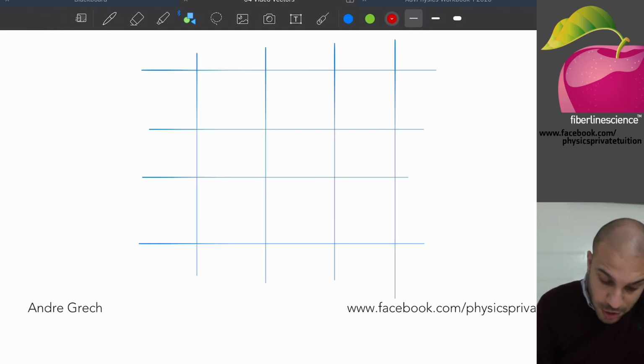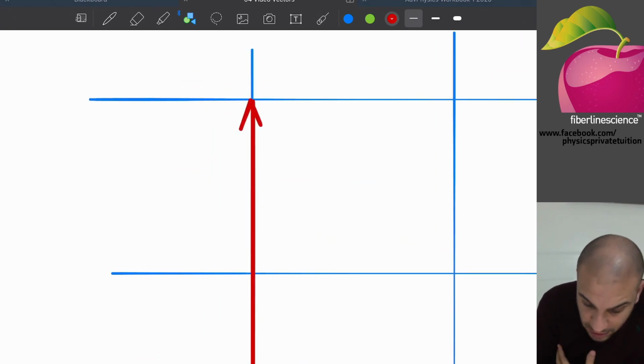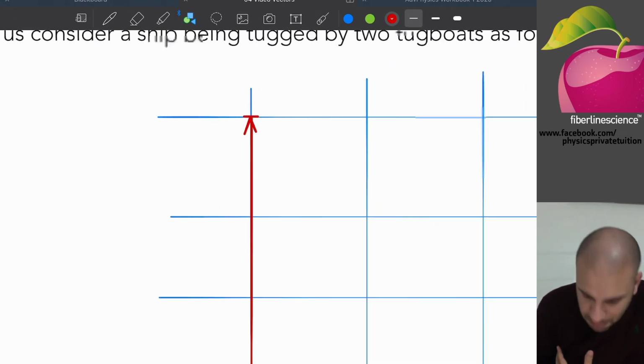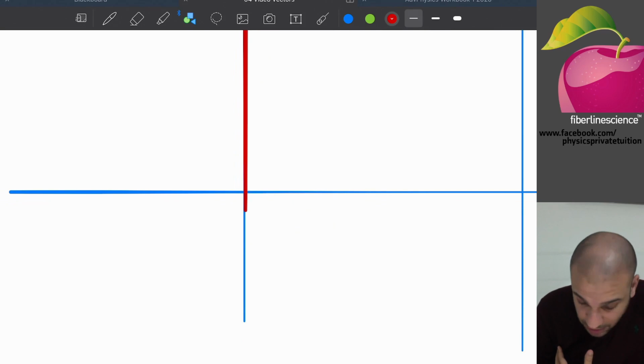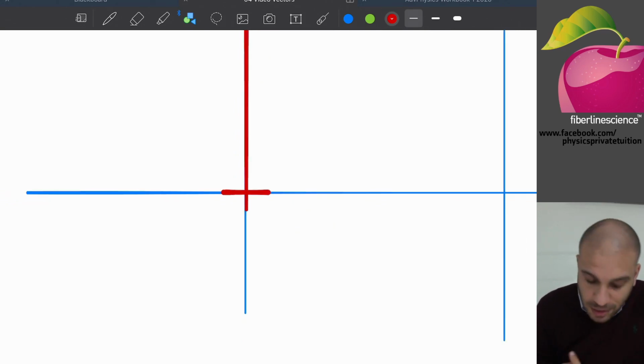Jekk jena impenġi, I know this is not the best grid, but jekk jena impenġi vector illi huwa 3 boxes in length, that's fine. Alright? Dak nibdih eżatt minn fejn tibda l-grid.